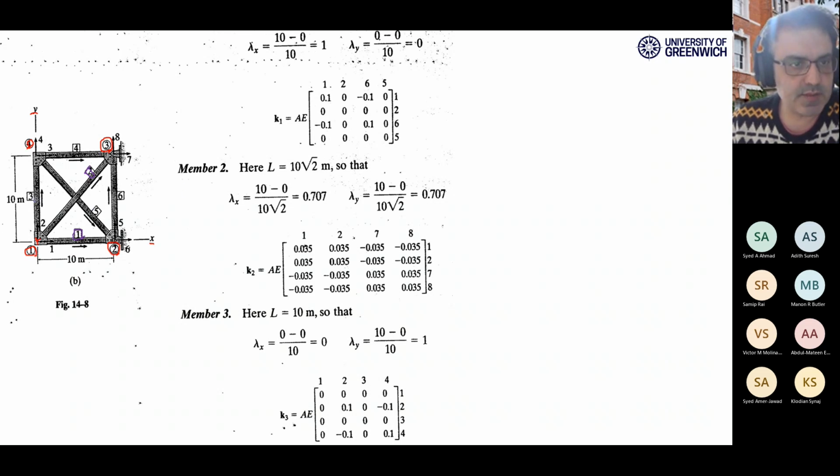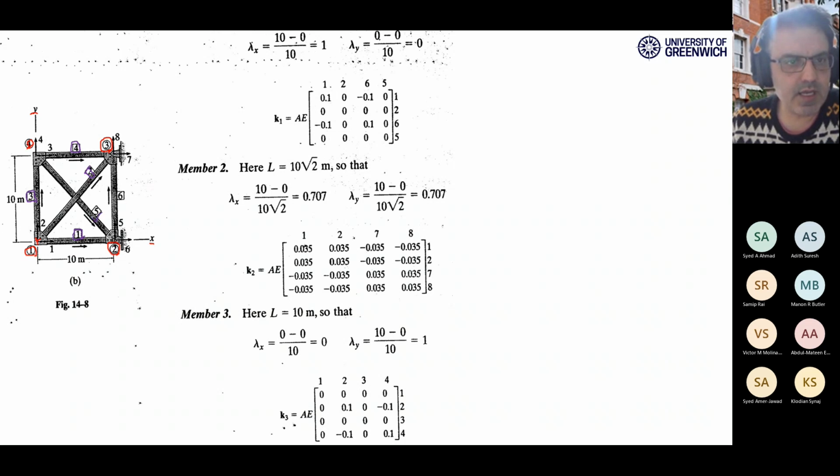For element number 3, the near end is joint number 1, and the far end is joint number 4. And for element number 4, it's here. The near end is joint number 4, the far end is joint number 3.